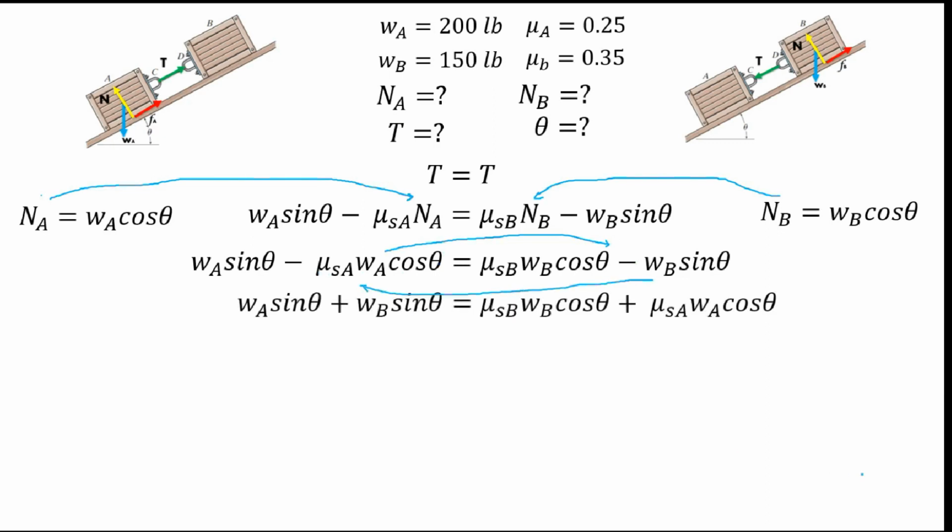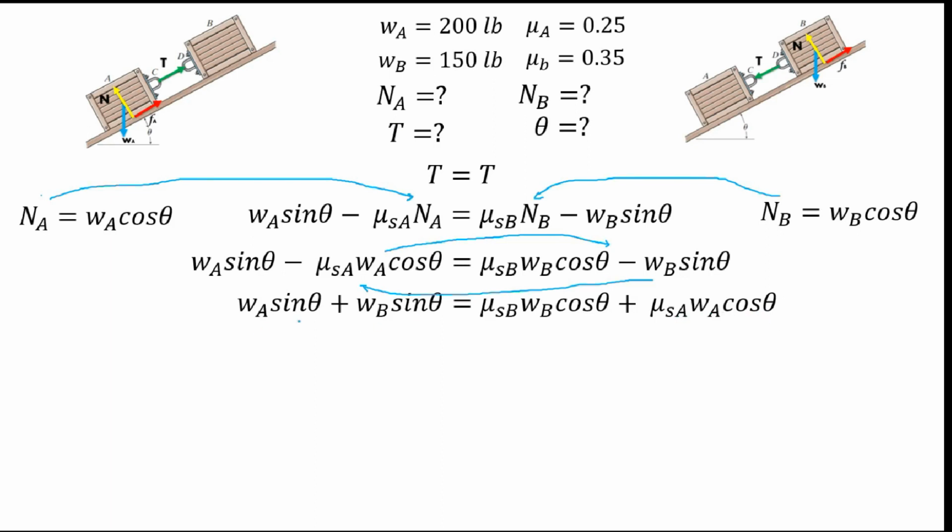So it will be just like this. That is WA sine theta plus WB sine theta, the variables that I transposed to the other side, is equal to mu B WB cos theta, and since I transposed these variables, it will become positive mu A WA cos theta.